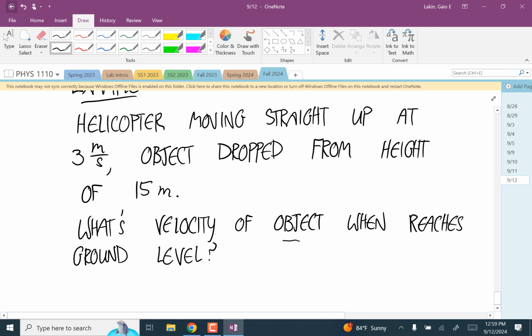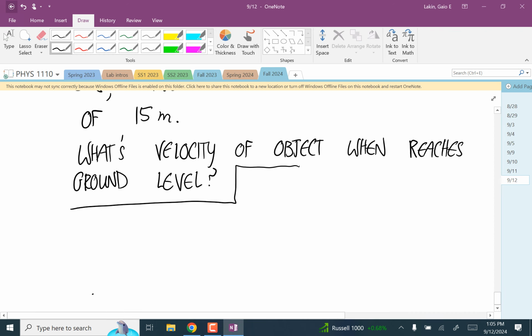Okay, take a few minutes. So the key thing that you need to notice to start this problem is, remember I said if an object is dropped, then at that instant, its velocity is whatever it's dropped from. So this object is going to start with an upward velocity of 3 meters per second. And so this motion is something like this.